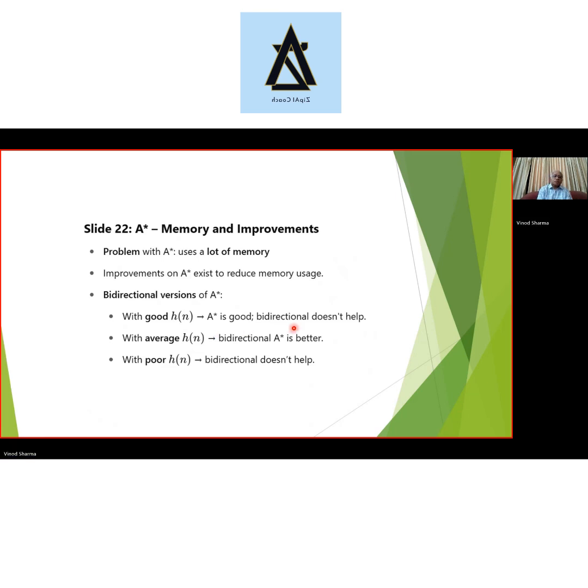Bidirectional does not help in this case, so you can just do with A star. If Hn is not very good, but also not a very poor estimate for each n, then bidirectional A star can do better than A star. If Hn estimates are really poor, very rough estimates, then neither A star nor bidirectional will help.